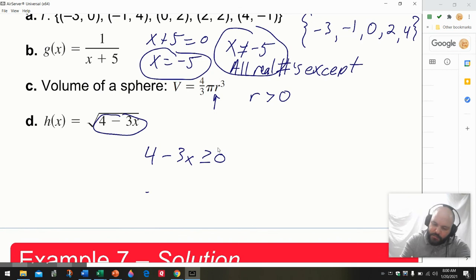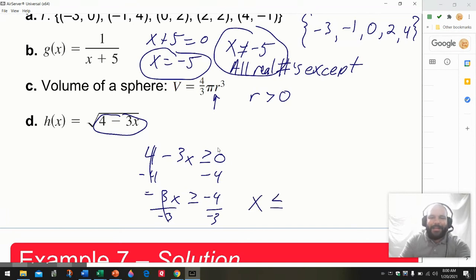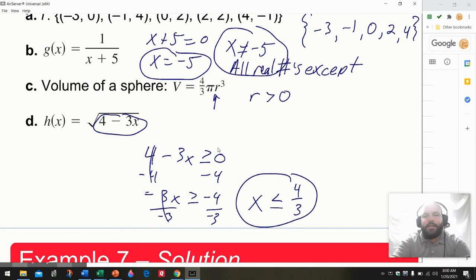I'm going to subtract 4 from both sides first. So I have negative 3x is greater than or equal to negative 4. And I'm going to divide by negative 3. When I do that, don't forget to flip the inequality sign: x is less than or equal to 4/3. So the domain would be this. You have to pick x's that are less than or equal to 4/3.